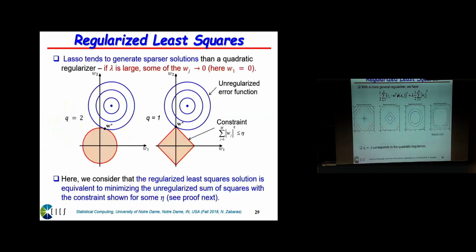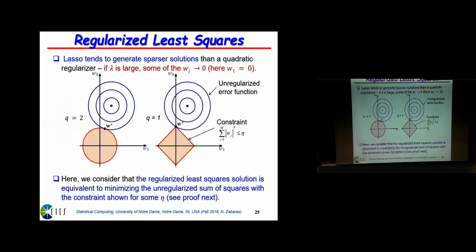And if you want to see this graphically, think of this being our unregularized error function that was basically what we got for the MLE, right, that square quadratic function. And this is a regularizer that says minimize this with this constraint.